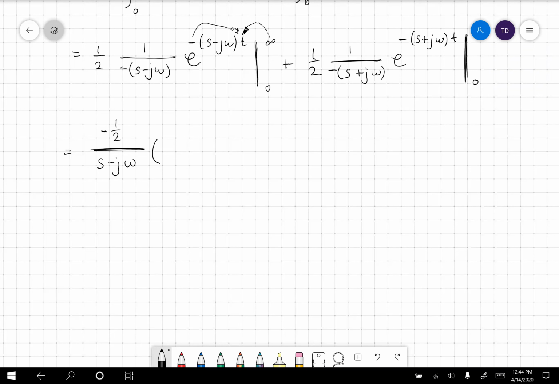This negative with that is going to cause this to go to 0. You might be asking, what about this? I'm going to just tell this to you right now. E to the j omega t, remember, has a magnitude of 1. It is an angle which is equal to omega t, but it is a magnitude of 1. So this is a small number.